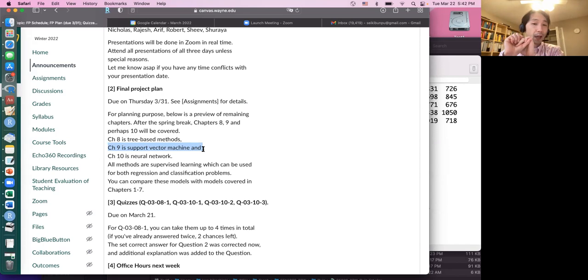Yeah, and a neural network is basically multiple layers of logistic regression. So think about linear regression. We have, for example, x1 and x2, and the response variable is y. So we can regress y on x1 and x2. And the neural network has an intermediate layer. So I would introduce Z1 and Z2.